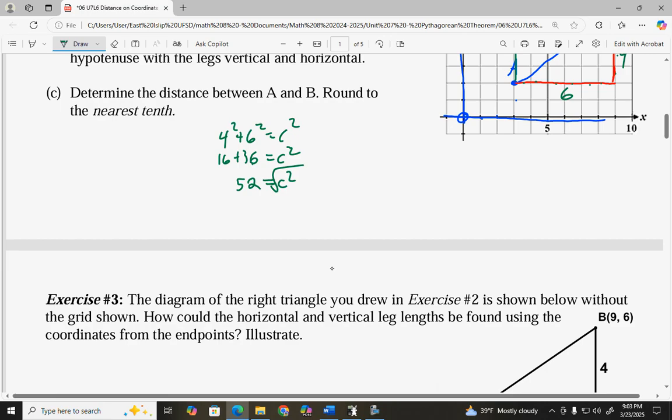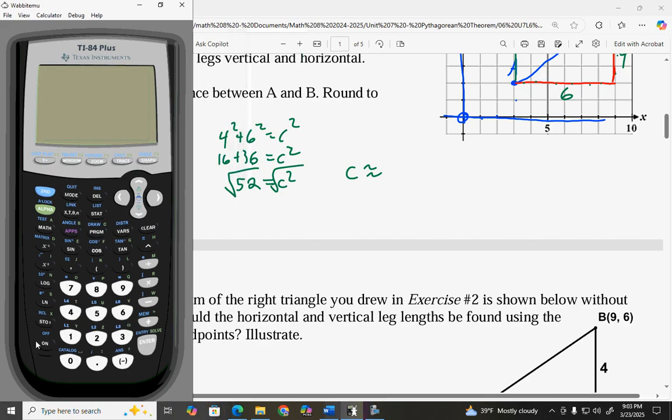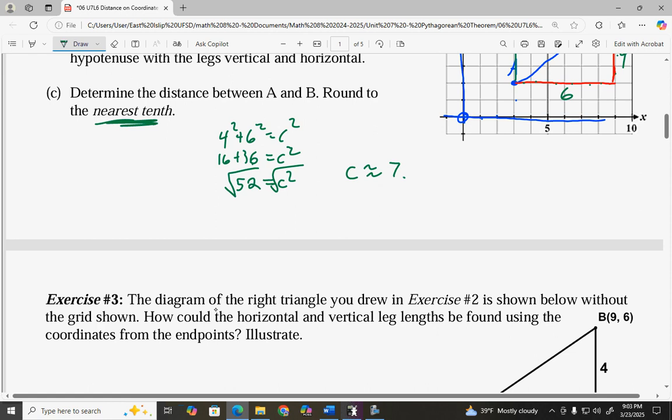I have to square root both sides. So C is about, right, it says round to the nearest tenth. Use that calculator. The square root of 52 is 7.211102551. If I round to the nearest tenth, it's a 7.2.